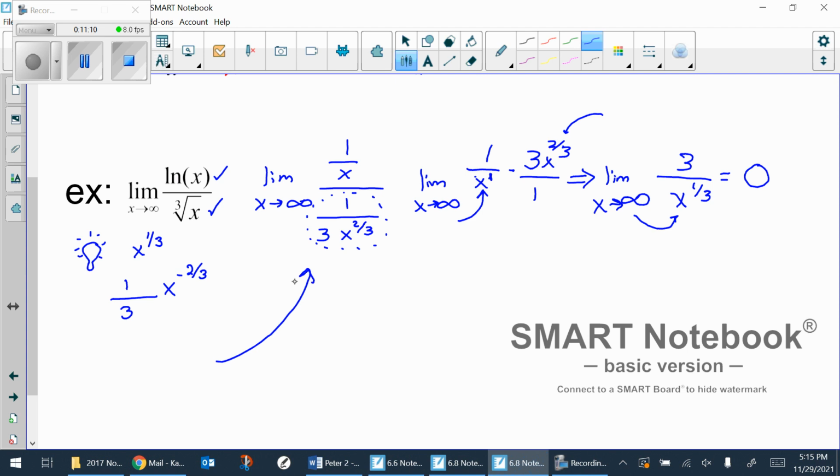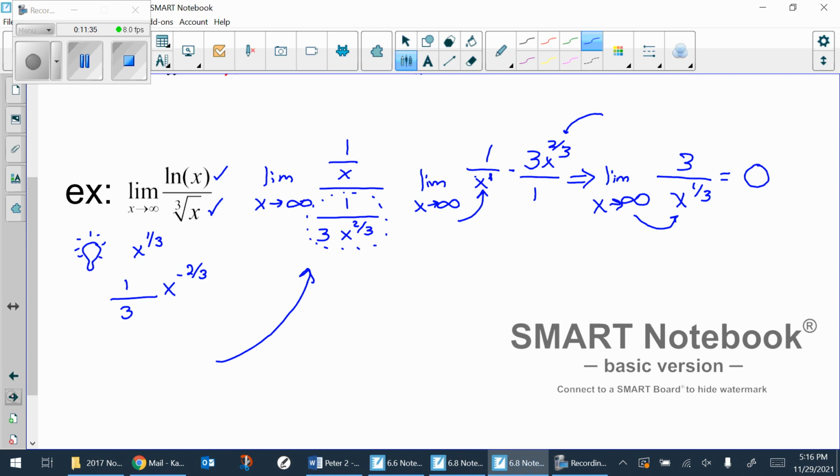Nothing we haven't done before, but the more manipulation, the more places there are to possibly go wrong. So we've got to be organized. We've got to show our work. And I think we can work our way through this and see why this limit, as x approaches infinity, ends up being pretty darn close to 0.